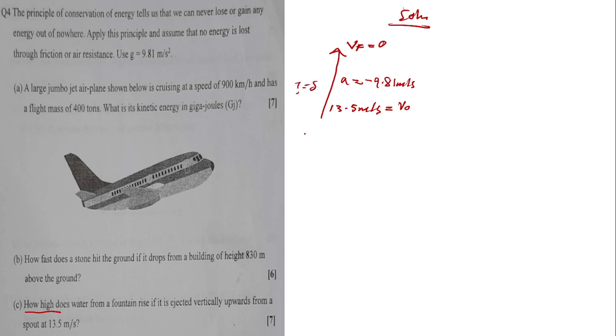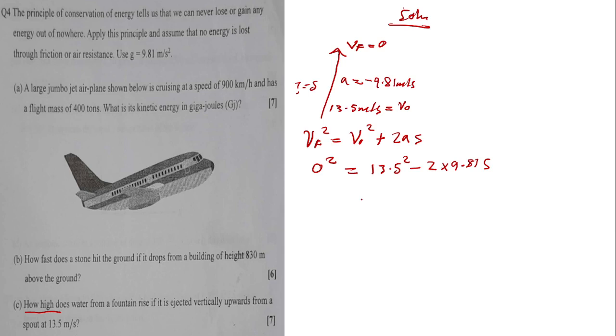So we use the same formula, vf squared is equal to v0 squared plus 2as. So after that, 0 squared is equal to initial, which is 13.5 squared minus 2 times 9.81, and then the distance, which is just s.